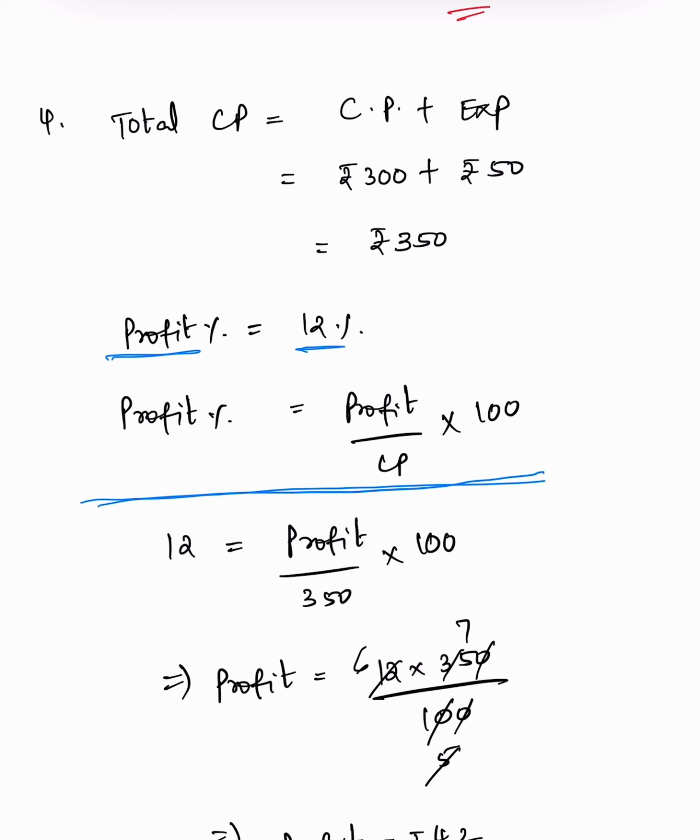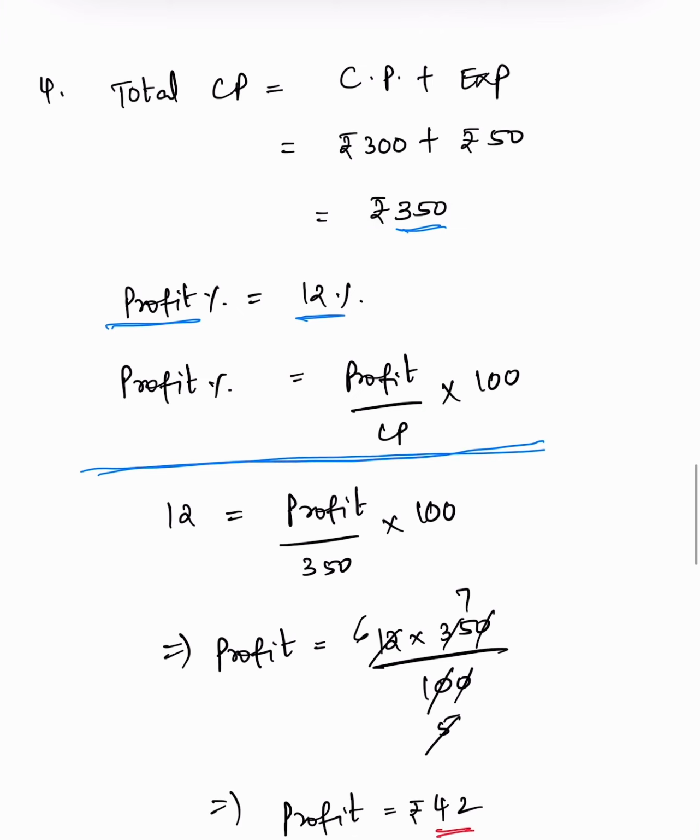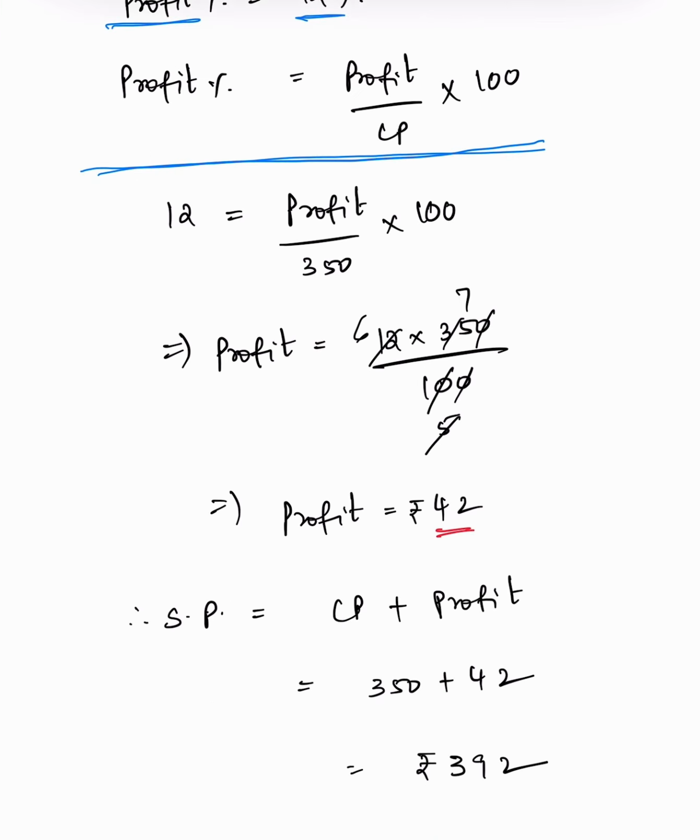Because we have profit percentage here, let us substitute the value. 12 equal to, we don't know the profit, we have to find the profit. So profit by cost price, total cost price 350. So 12 equals profit by 350 into 100. By cross multiplication we get profit equal to 350 into 12 by 100. So profit equal to rupees 42.